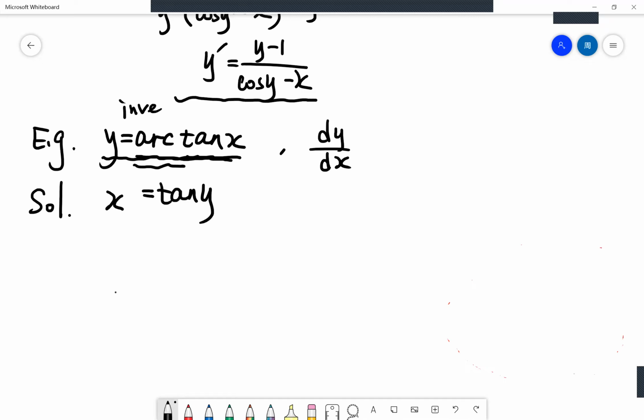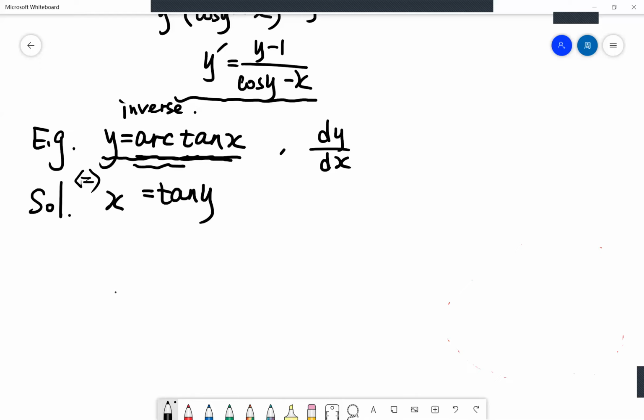We have learned this in the first class. These two functions are equivalent: y equals arc tangent x also means x equals tangent y. So if I want to find dy by dx, we just differentiate the equation on both sides.